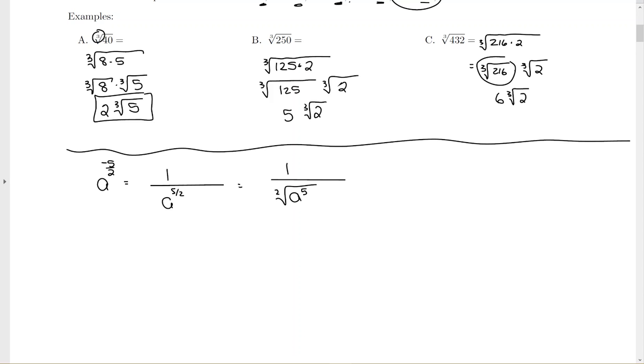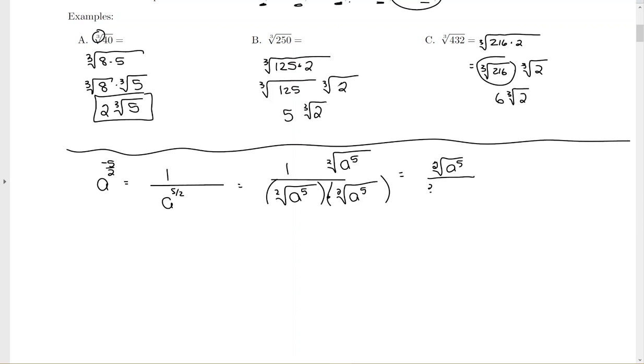To get the radical out of the denominator, or rationalize it, you multiply top and bottom by whatever that radical is. So times the square root of a to the fifth, top and bottom. So on top I have the square root of a to the fifth over, and anytime you multiply a radical times itself, the radical part, the square and the square root, cancel because you're squaring that in essence.